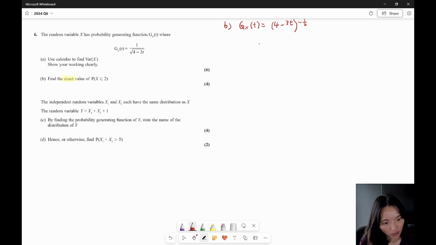And let's express that in a form where we have 1 minus something. So let's take the 4 out, factorize by 4. And then, of course, we've taken 4 to the power minus a half out. 4 to the power minus a half is simply 1/2.